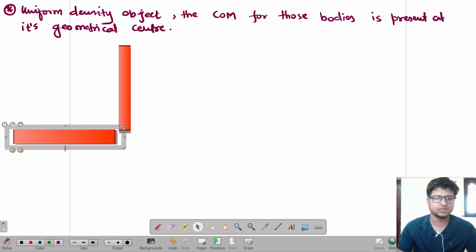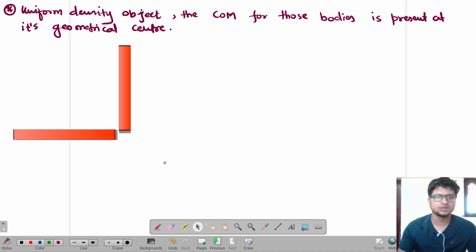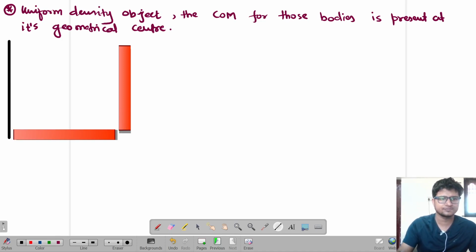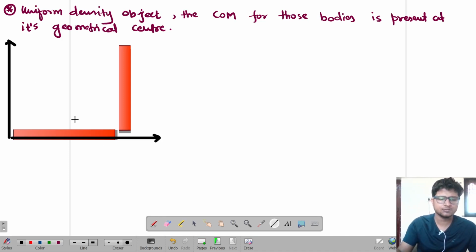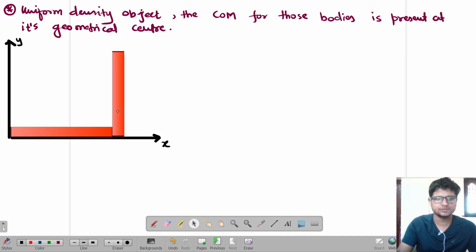And masses are also same. Now, if this is your y-axis and this is your x-axis, right or not? Then the idea is simple: if these rods are placed over here, find the position of center of mass, if the mass of each rod is m and length of the rod is l.